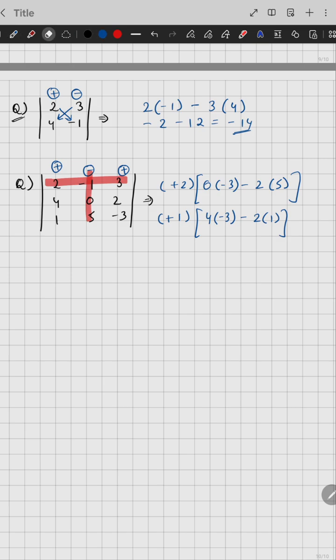Plus, this one, 4 plus 3, into 4 into 5 minus 0 into 1. Now what will be the answer?